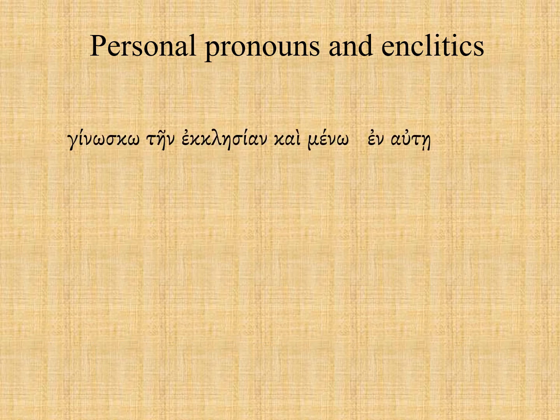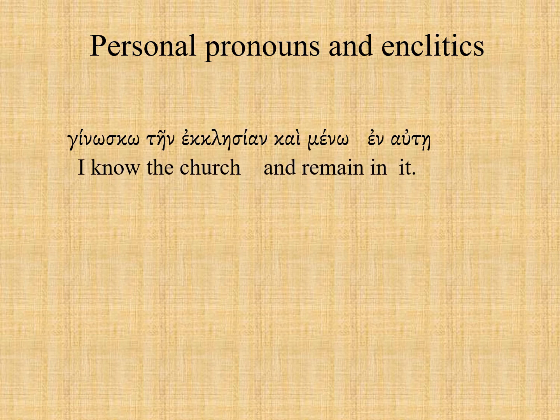Okay, let's take another example, which is slightly more complicated. Let's read the sentence. Ginosko ten ecclesian kai meno en aute. So I know the church and I remain in it.